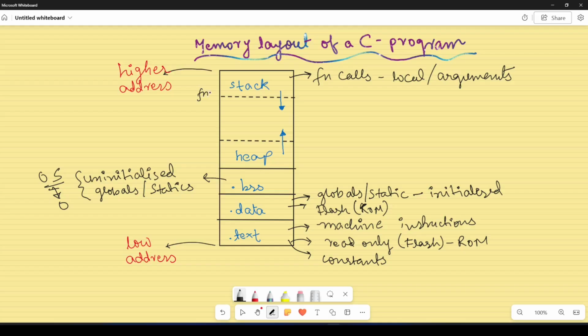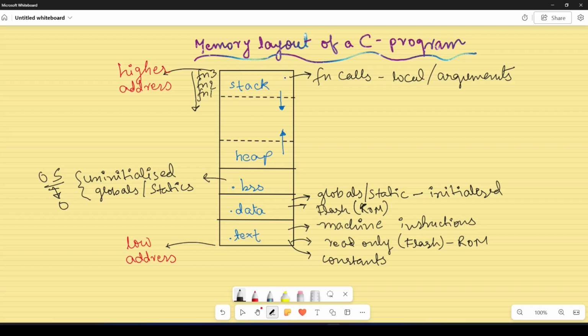Suppose function 1 is called, it goes at this address, and then function 2 is called, it goes at this address, and function 3 is called, it goes at this address. So it goes in an order of downwards. If we need function 1 to be used, we need to pop function 3 first and function 2 next, and then we can pop function 1. That is how the stack works.